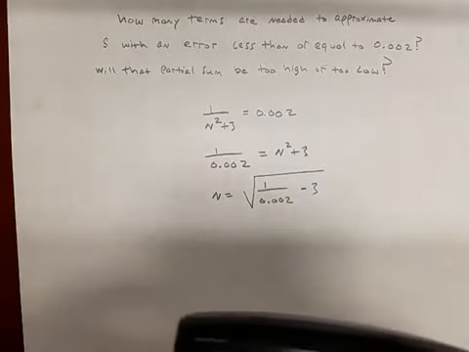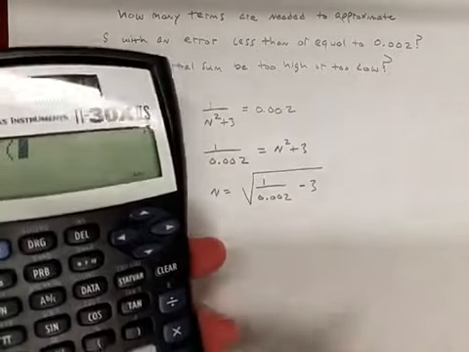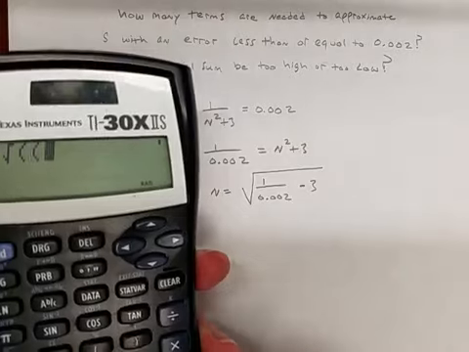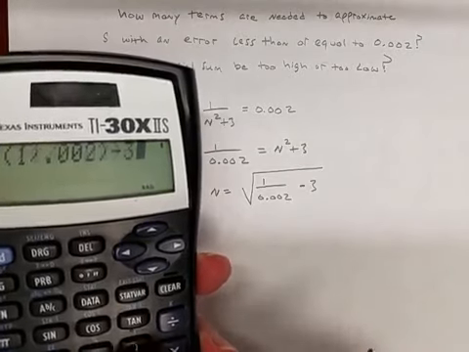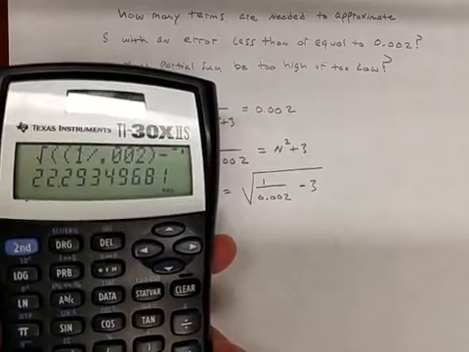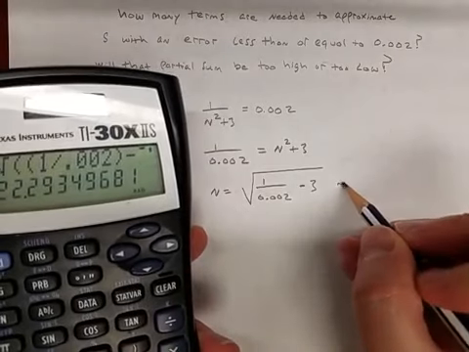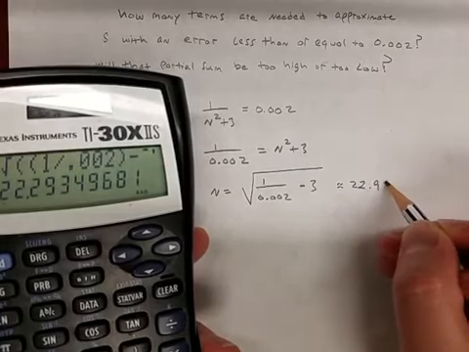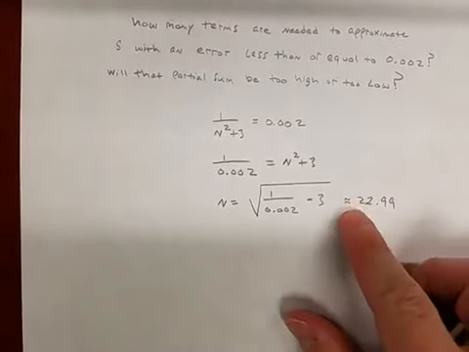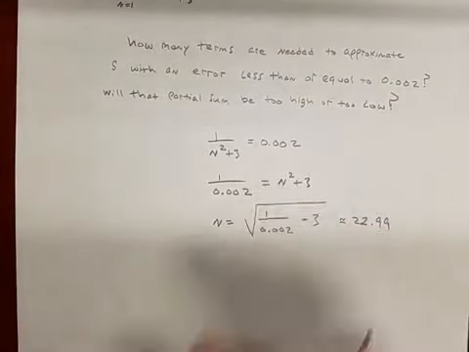But we'll figure it out. That's how you at least solve it. That's the number you get. So I get the square root of 1 over 0.002 minus 3, 22.29. So if you could have the 22.29th term, then that would get you here.